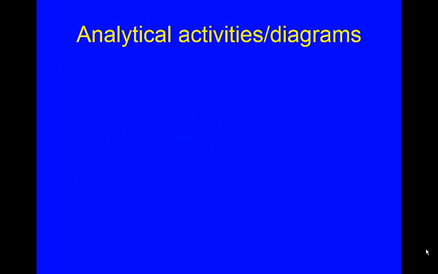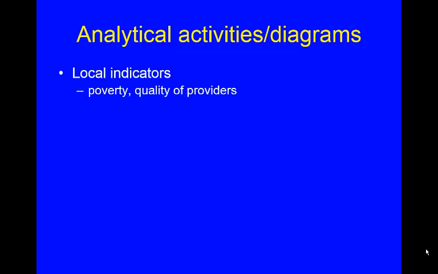Second group of rapid appraisal activities that I use, diagrams and activities of one kind or another, local indicators, very standard within the rapid appraisal repertoire. What is it in this community that marks people out as being poor? What is it that defines the quality of providers?